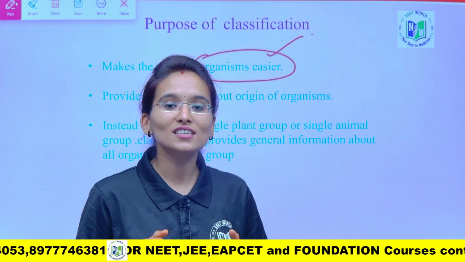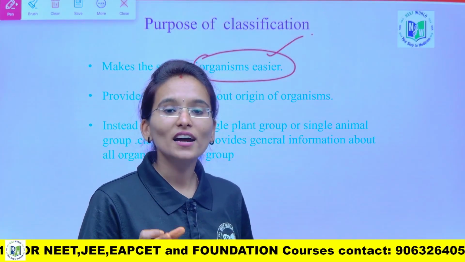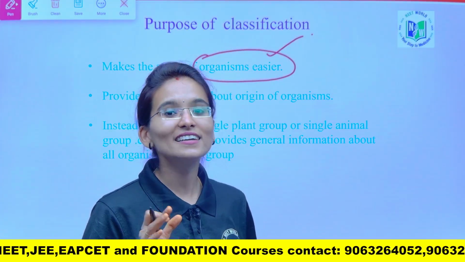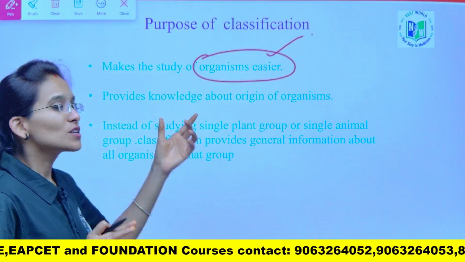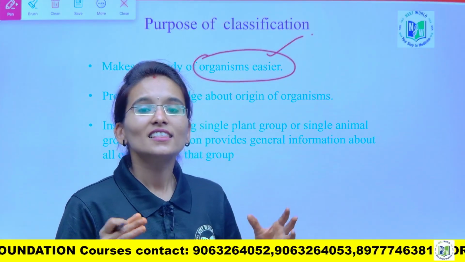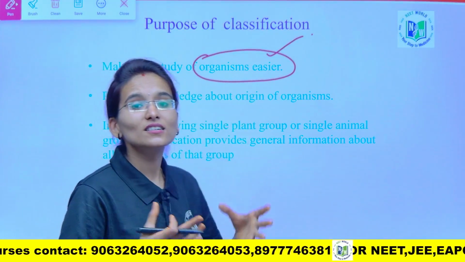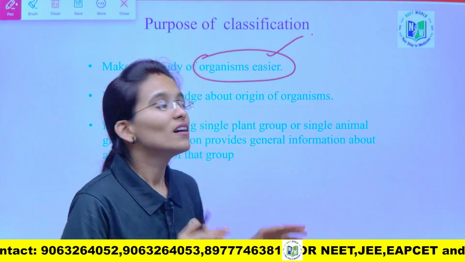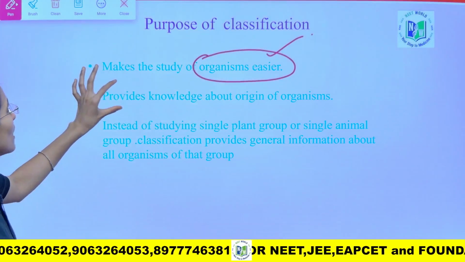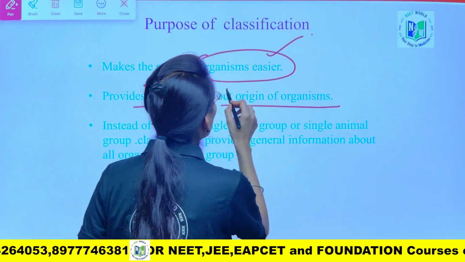Classification is going to divide the groups based on similarities and dissimilarities. When we divide all the organisms based on their characteristics, it becomes easier for us to learn about them. And it provides knowledge about the origin of the organisms.